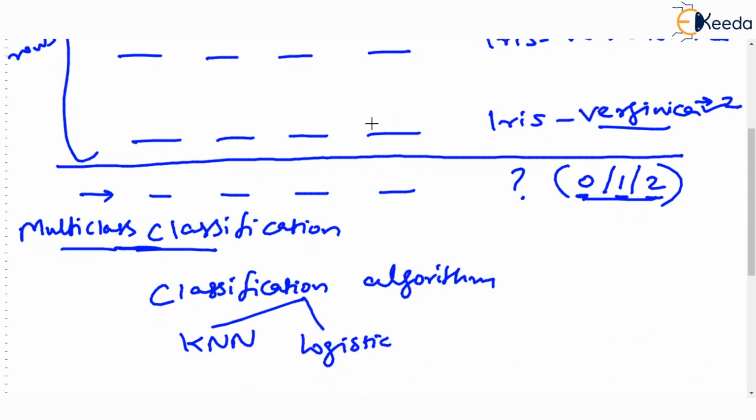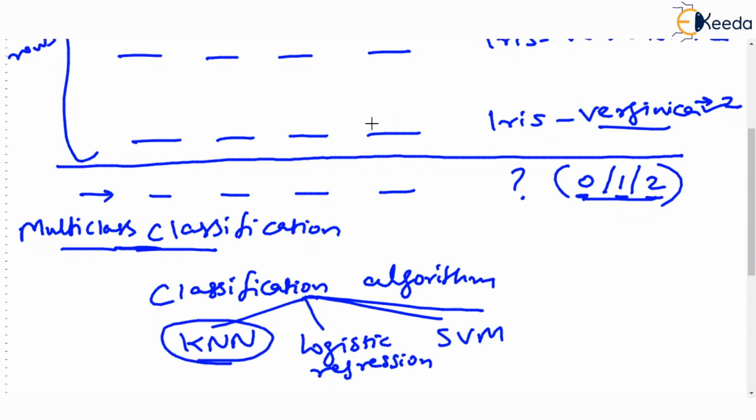This is a classification algorithm, although the word regression is there. Then we have a very popular algorithm for classification called SVM, support vector machine, and many more. Last time we discussed what K nearest neighbor is. Just to give you an idea, it is a very, very simple algorithm. Just imagine we are given some data set.